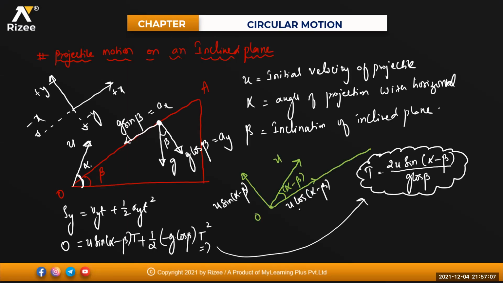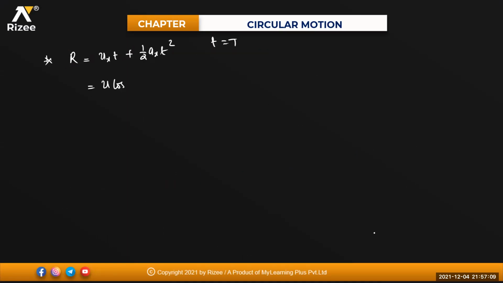Ux is equal to u cos(alpha minus beta). Then acceleration due to gravity, ax is negative, so half ax will be g sin beta into t square. This is your range. You know the value of your time of flight, substitute in this and simplify, beta. You will be getting the range.